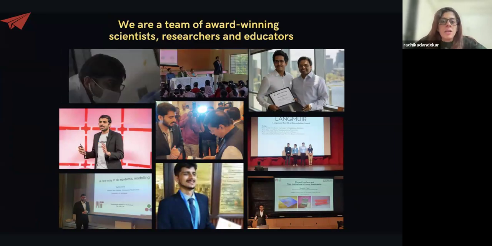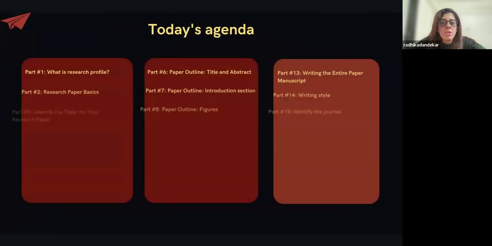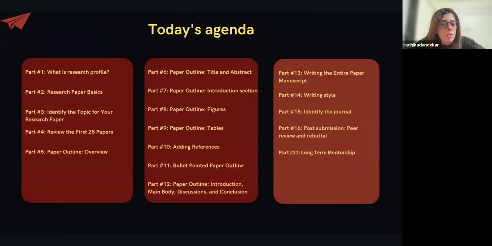So today's agenda is all about what a research profile is, research paper basics, and how to identify a topic for your research paper. If you already have a project that you've done in your undergrad, you can very well convert it into a research paper. Then I'm going to be deep diving into all the details that constitute a research paper.